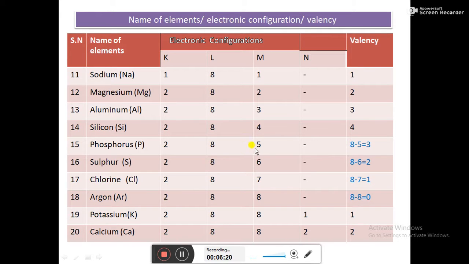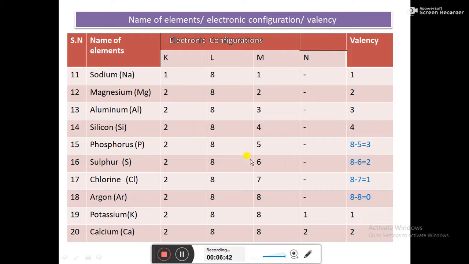Similarly, in the case of phosphorus, sulfur, and chlorine, the outermost electrons are 5, 6, and 7. They should gain 3 electrons, 2 electrons, and 1 electron, and so they are reactive. Why is chlorine's valence 1? Because it has to gain 1 electron to be in the octet state.